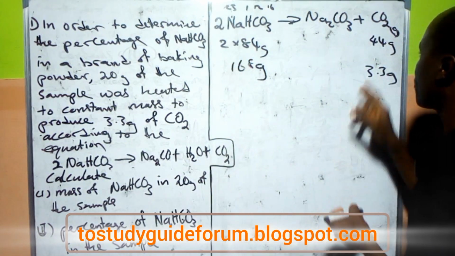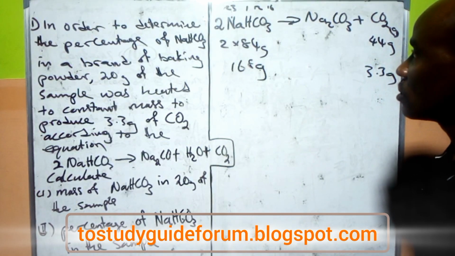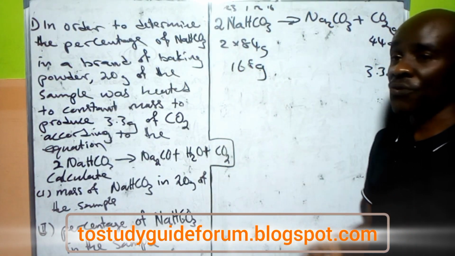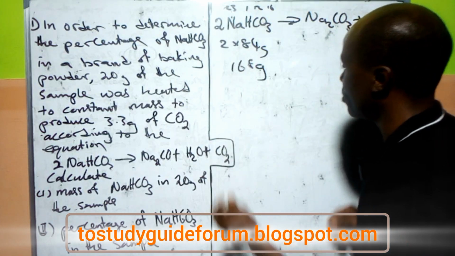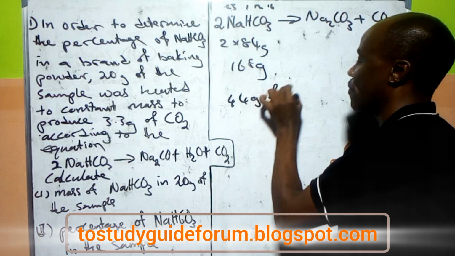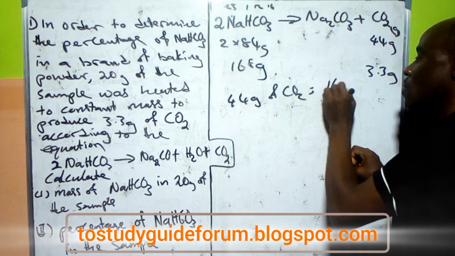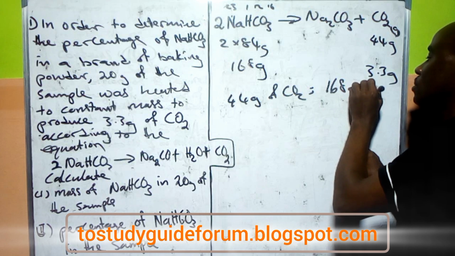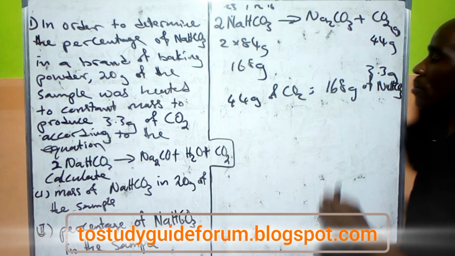That means 44 grams of carbon IV oxide will require 168 grams of sodium hydrogen trioxocarbonate IV.